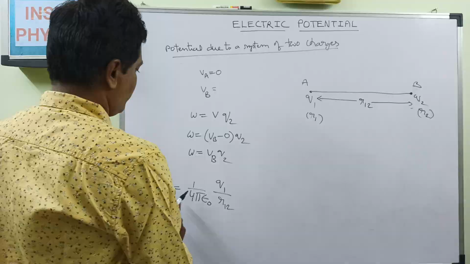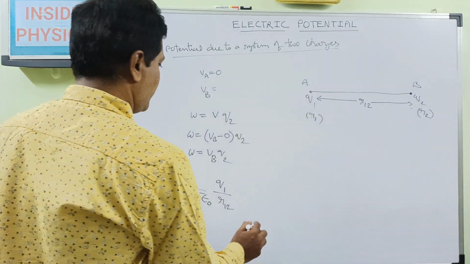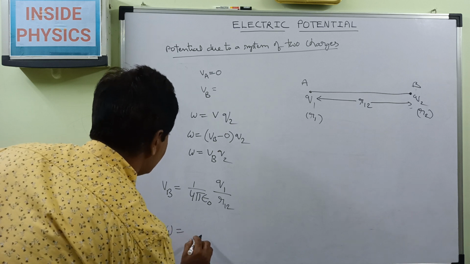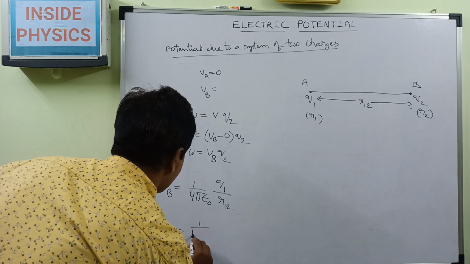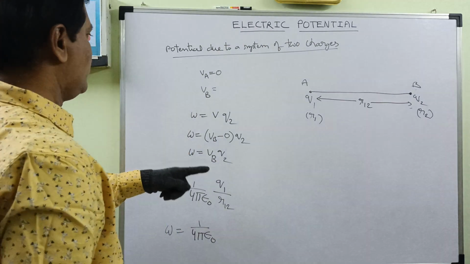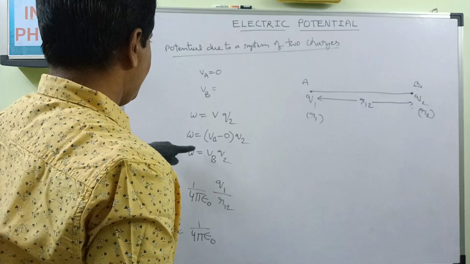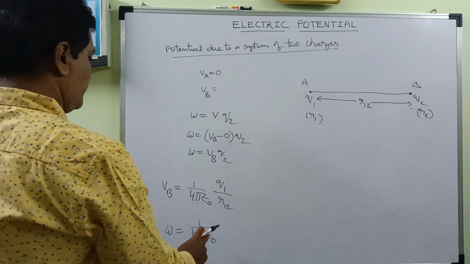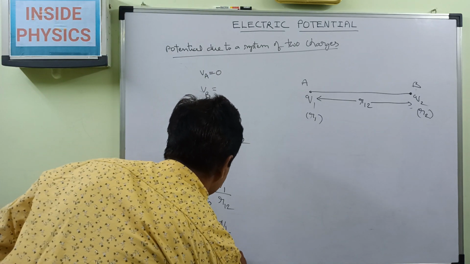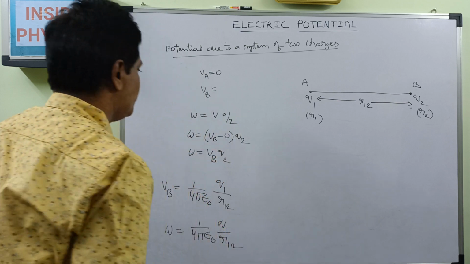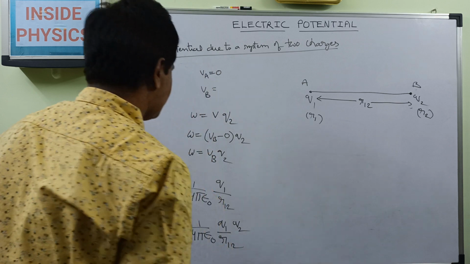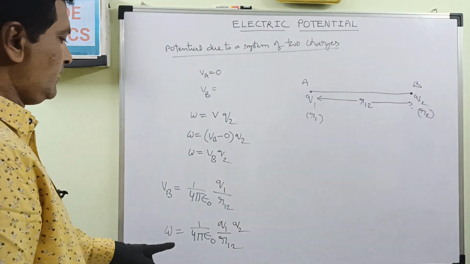So put this VB in place of VB here. So this becomes W is equal to 1 by 4 pi epsilon naught Q1 by R12 into Q2, right?